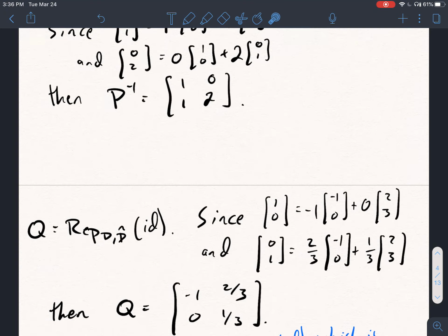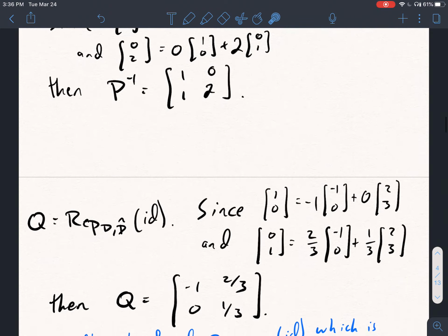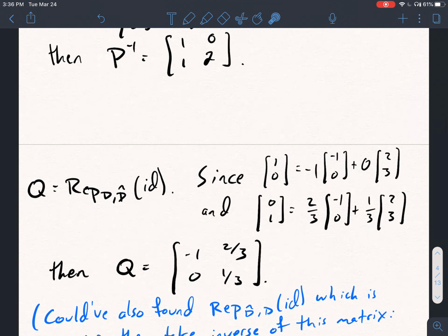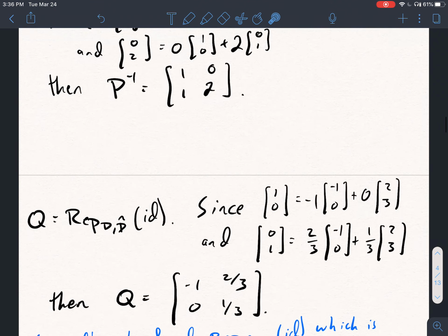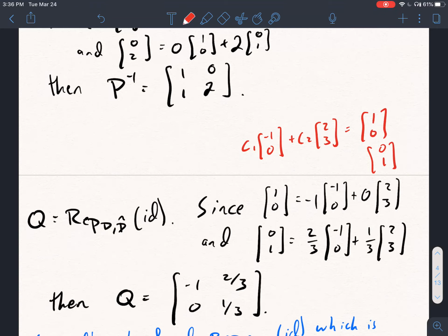Okay, so I just told you what the answer was here, but there is an easier way to do this. Maybe you actually went ahead and figured this out by solving c1 times that vector plus c2 times that vector is equal to (1, 0), and then did the same thing for (0, 1).